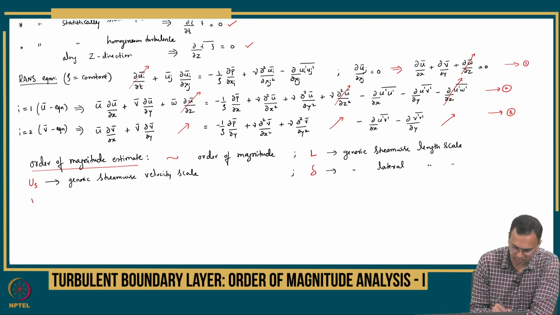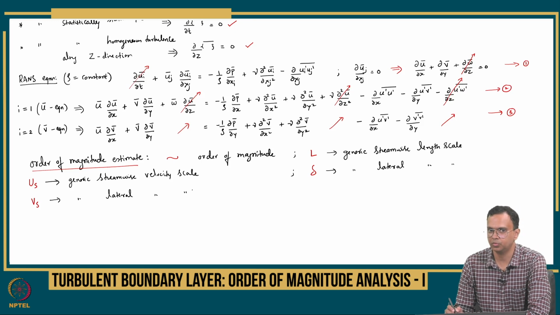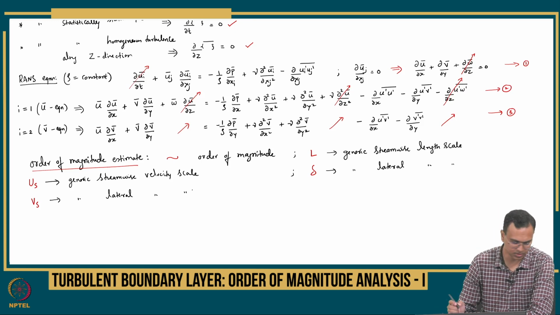And I will have Vs as the generic lateral velocity scale, like your U V component. Okay, these are the scales that I have chosen.